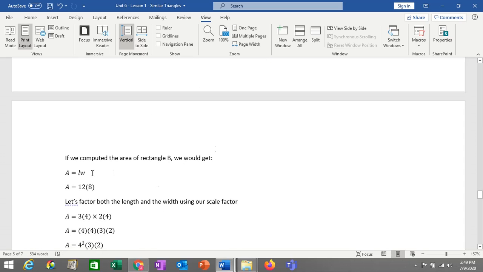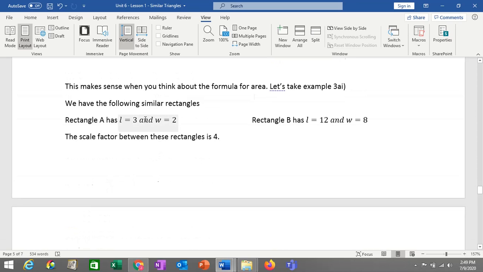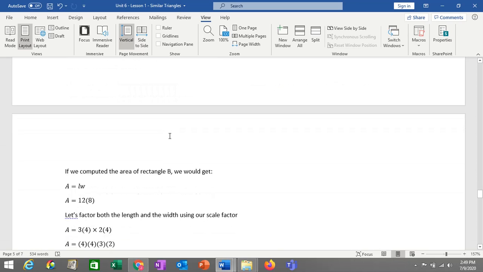So that's going to be 12 times 8. Remember that this is the side of your first rectangle blown up by a factor of 4, and this is the side of the first rectangle blown up by a factor of 4 as well, right? So we start with 3, we blow that up by 4 and we get 12. We start with 2, we blow that up by 4 and we get 8.